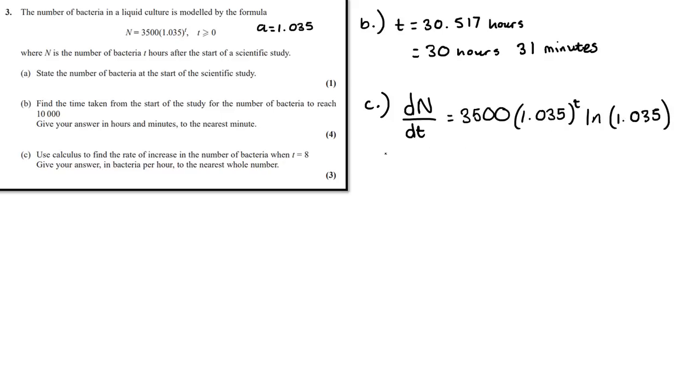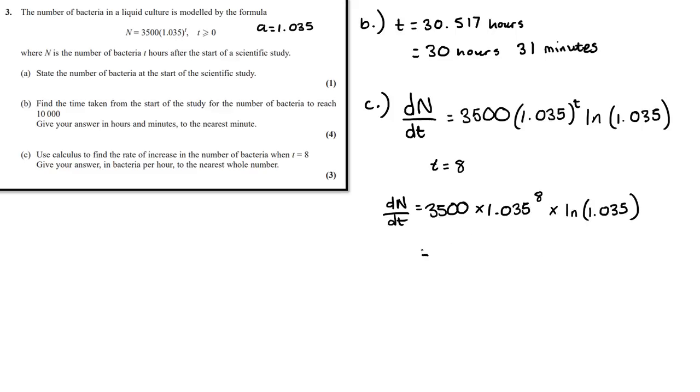And we're looking for this now when the time t is 8 hours. Okay, that's what we're told here. So all I need to do then is substitute t equals 8. So dn by dt is equal to 3,500 times 1.035 to the power of 8 times the natural logarithm of 1.035.